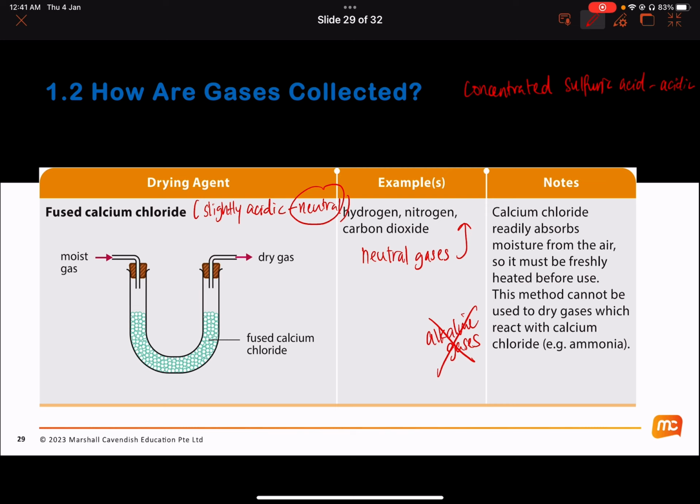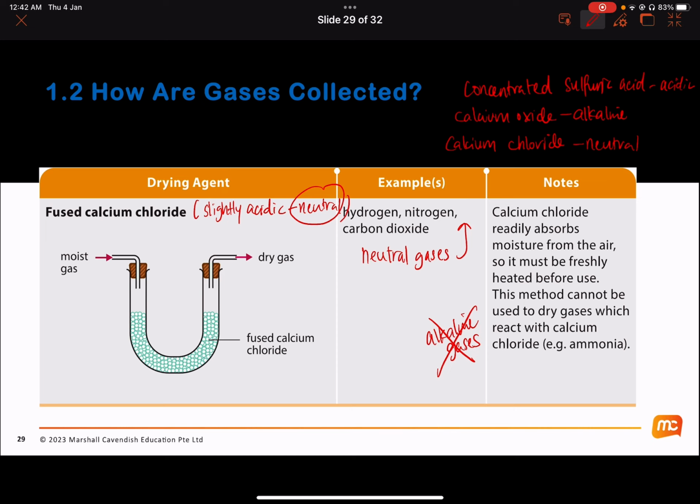Then we have calcium oxide. You must memorize, it's alkaline, so it's good for drying alkaline gas. Calcium chloride, the last one which we just saw, tends to be neutral, so it is good for drying neutral gas, or slightly acidic gas, because it's slightly acidic to neutral. Okay, so that's about it.